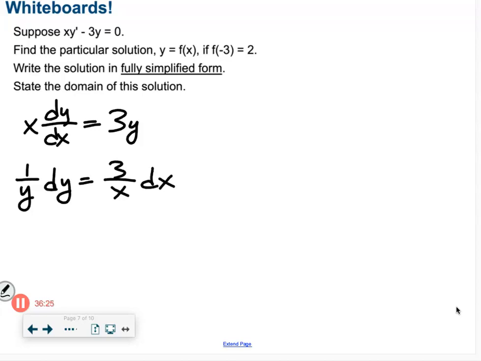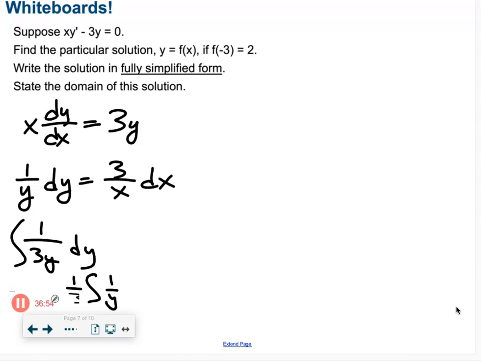If I move it to the y side and I had 1 over 3y dy and I was integrating this, it is not ln of absolute 3y. It's 1/3 ln of absolute 3y. Or you could make your life even easier and pull the 1/3 in front and think of it as 1/3 times 1 over y, and then just have 1/3 ln absolute y. Which is fine.